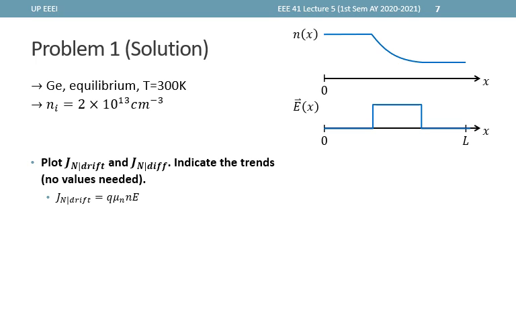So what we'll have to do is basically multiply these two plots and get the trend for Jn drift.